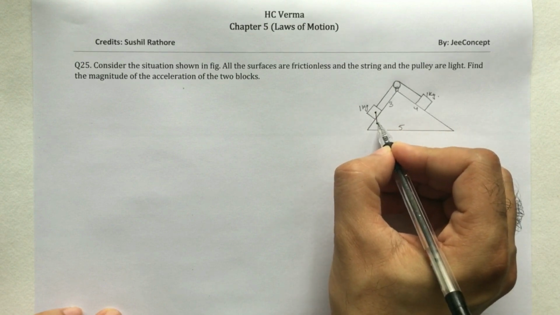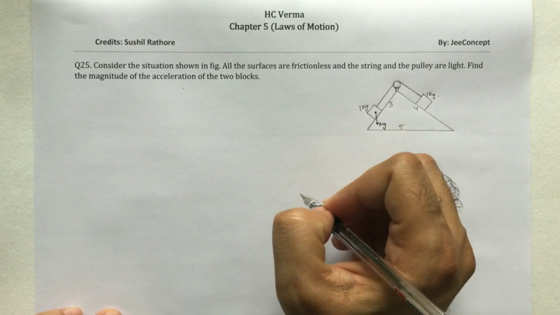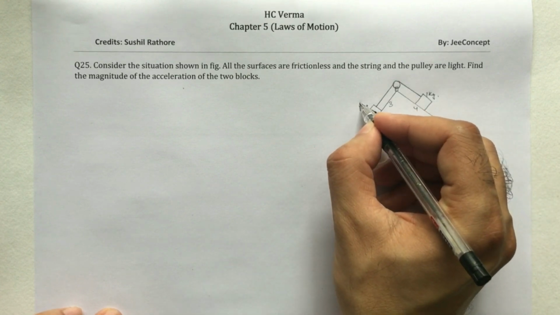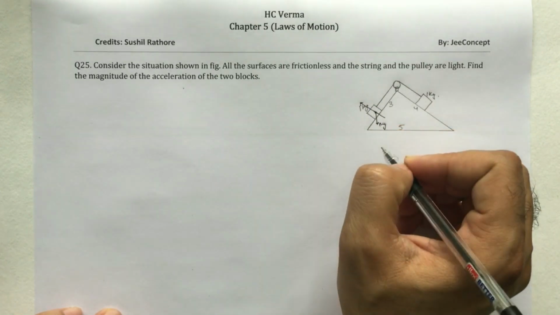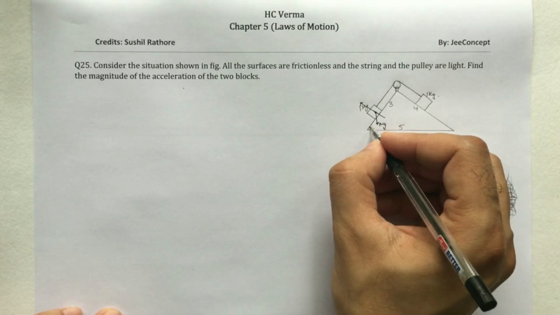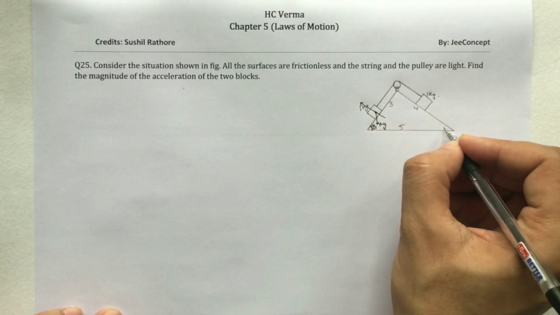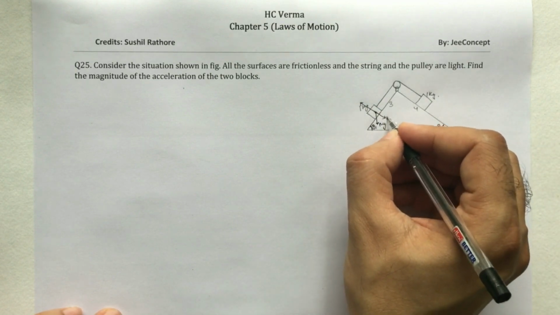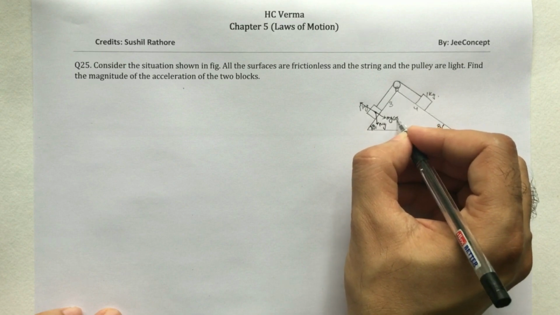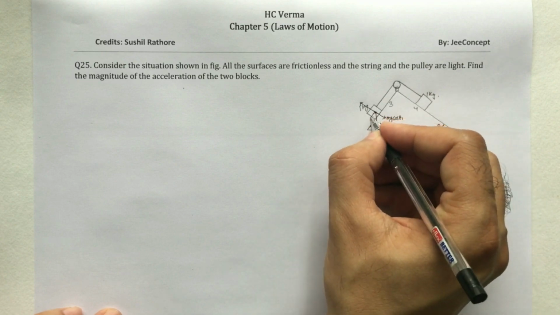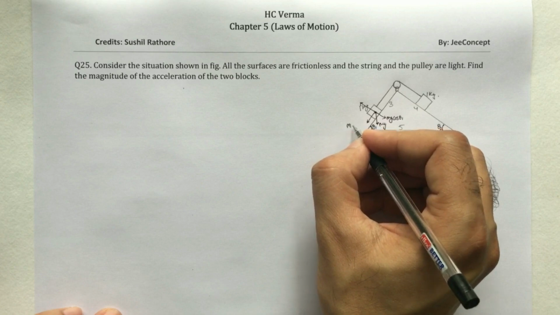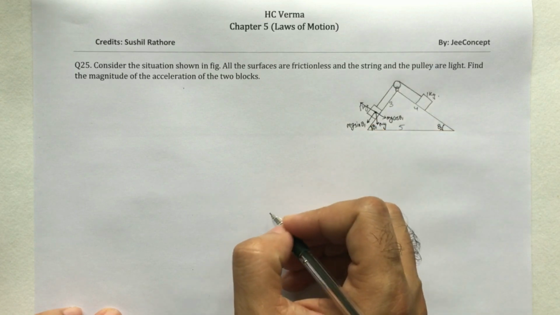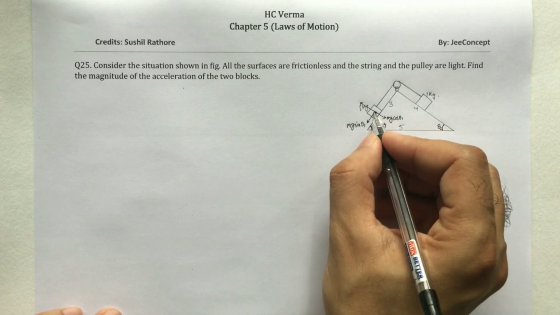If I make it like this, this is the mg force acting downward, and there is a reaction force which is perpendicular to the contact surface. Say this is theta 1 and this is theta 2, so this is going to be mg cos theta 1, and there is a force which is mg sine theta 1. Let's say this is the mass m1.